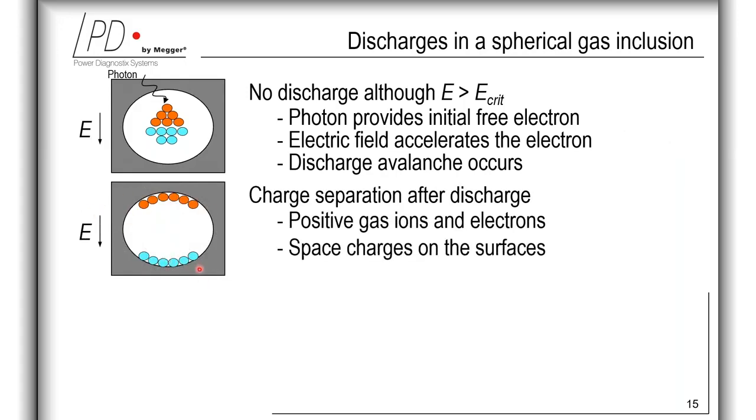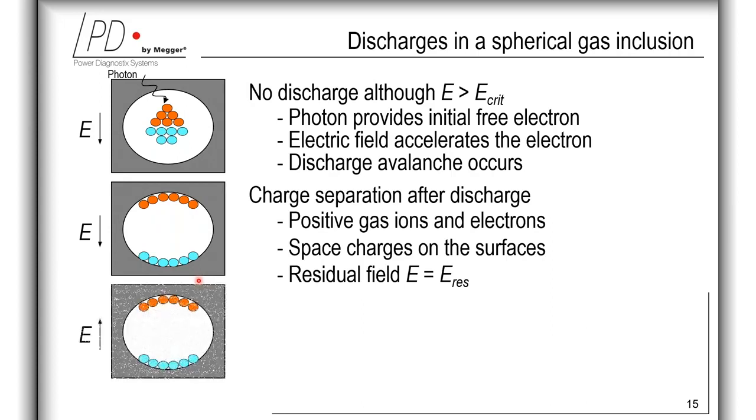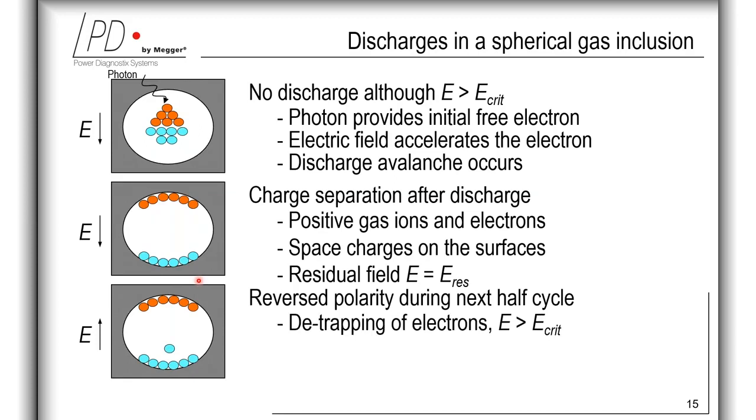And this is in accordance with their derived velocity, of course. And the surface charge here causes an electric field that is superimposed to the external field. And from now on, the internal electric field shows an offset, and that changes with every single discharge event.